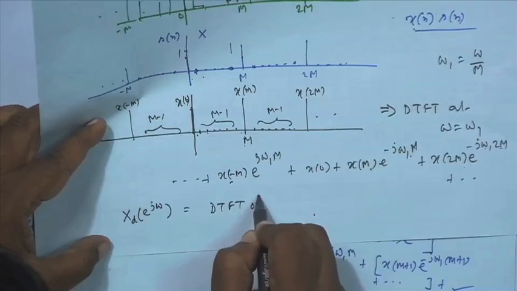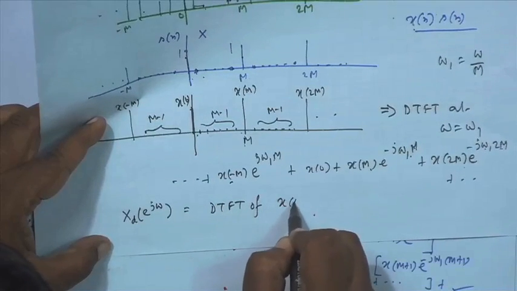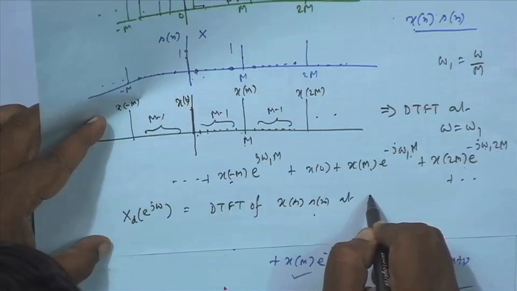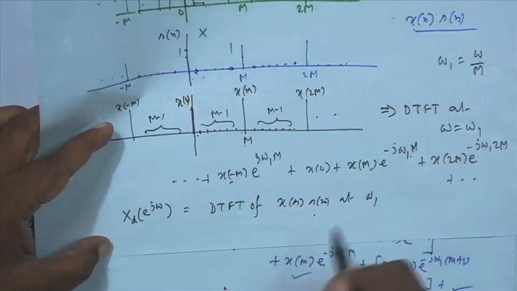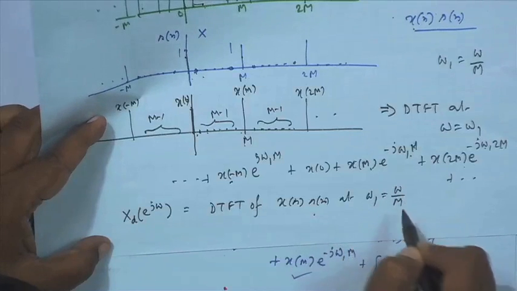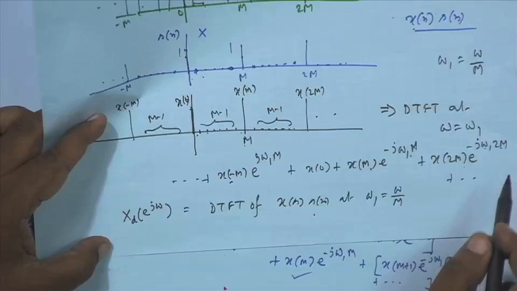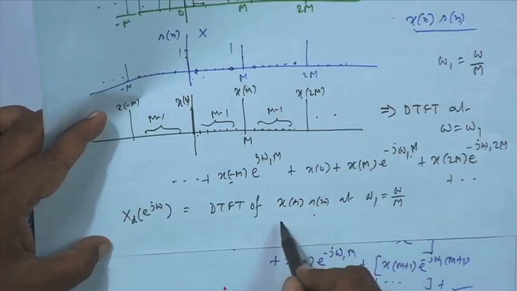That is, the decimated sequence DTFT is the DTFT of x n S n at omega 1 equal to omega by m. All right, the two expressions are same. So, this we work out.